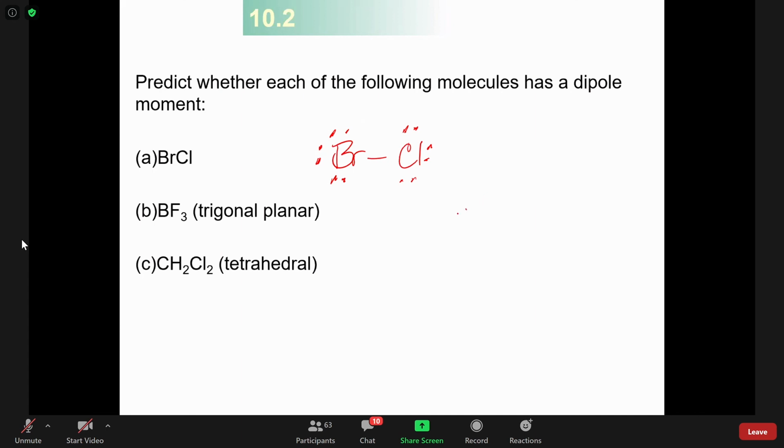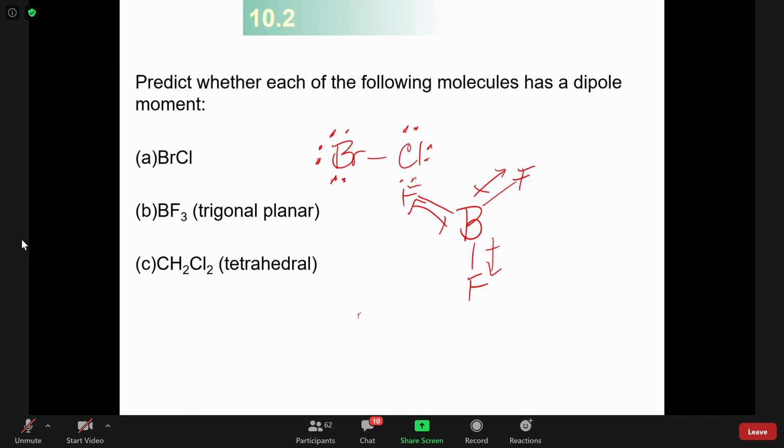BF3 we already looked at. And we said all the bond angles are equal. This one is perfectly symmetrical. Even though we have dipole moments, they all cancel one another out. So polar bonds, non-polar molecule. The overall molecule has no net dipole moment.